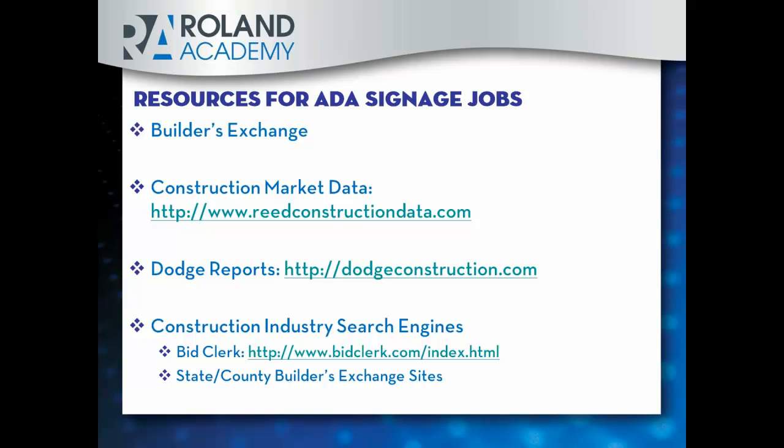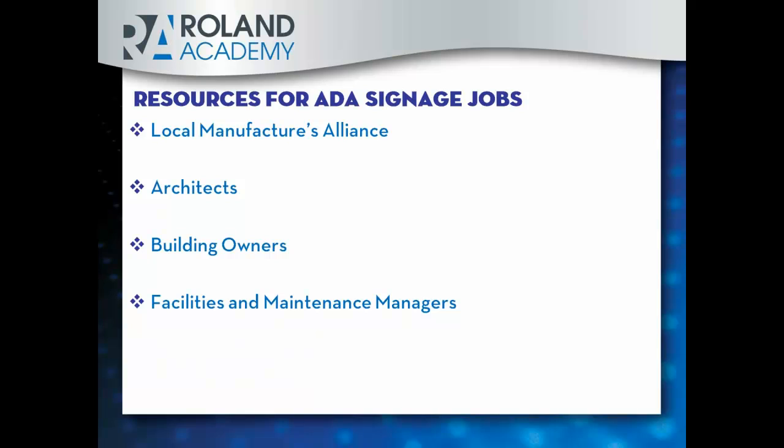So these are all different places that your customer can go to try to obtain jobs for doing ADA signage. Local Manufacturers Alliance, even the local architects in their city. You could address the building owners or facility managers of particular buildings.